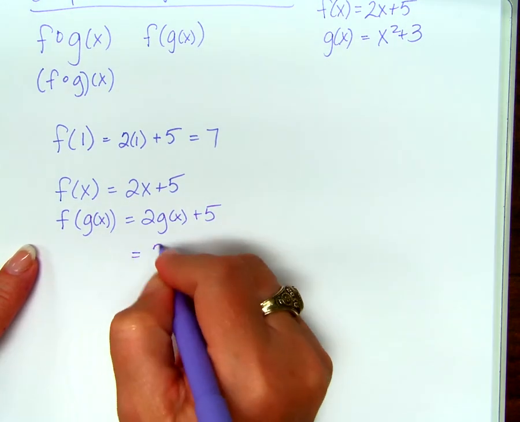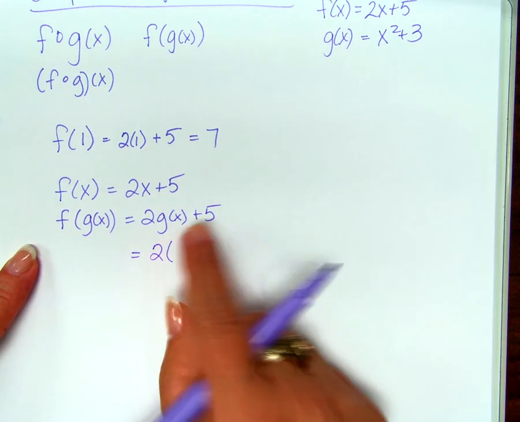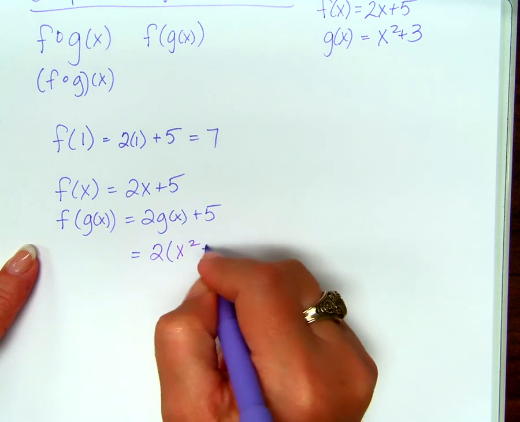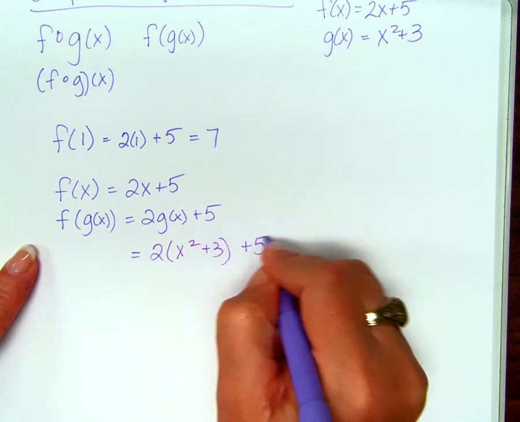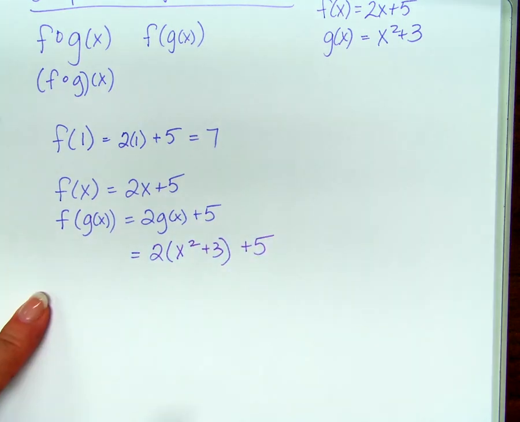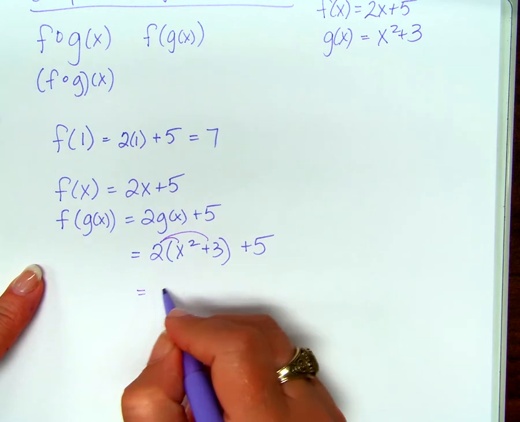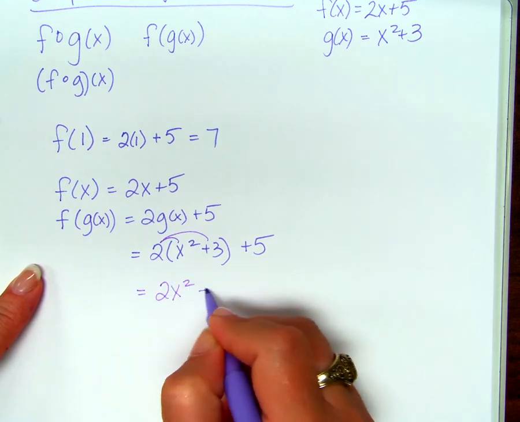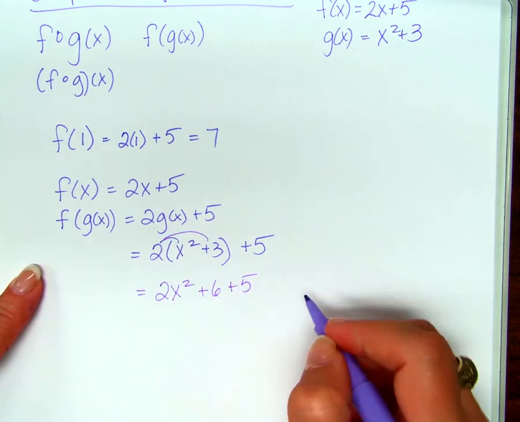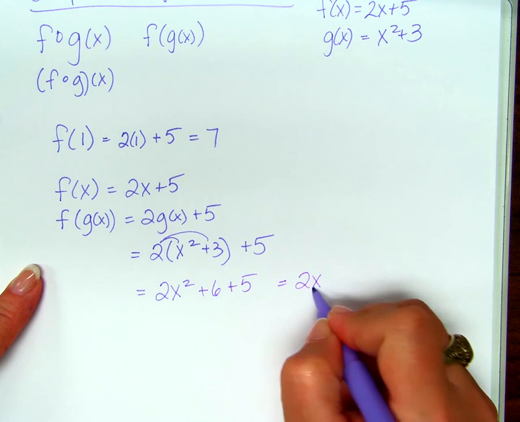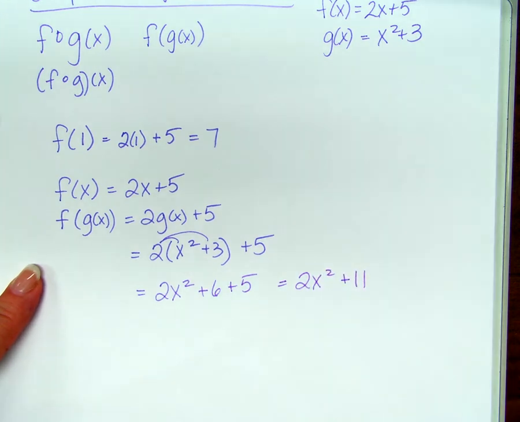So this is really 2 times g of x, which is x squared plus 3, and then plus 5. You okay with that? Distribute to get 2x squared plus 6 plus 5, which equals 2x squared plus 11.